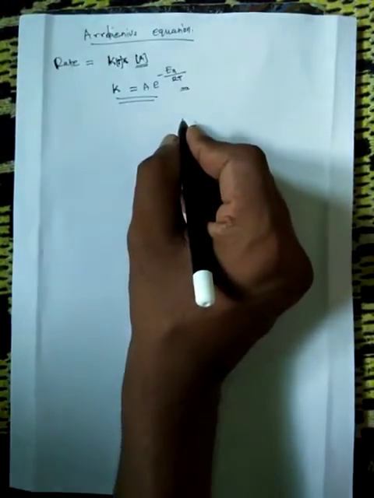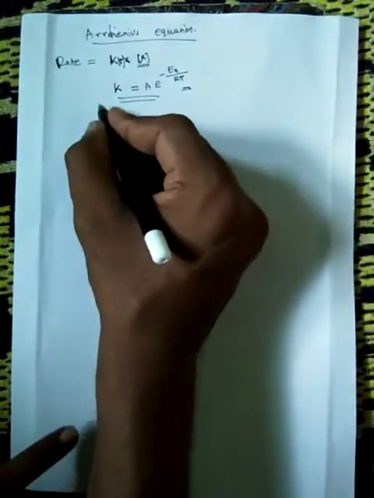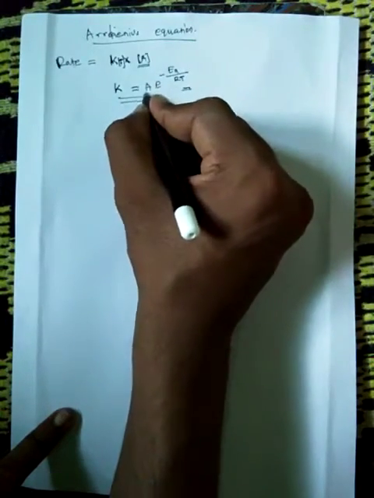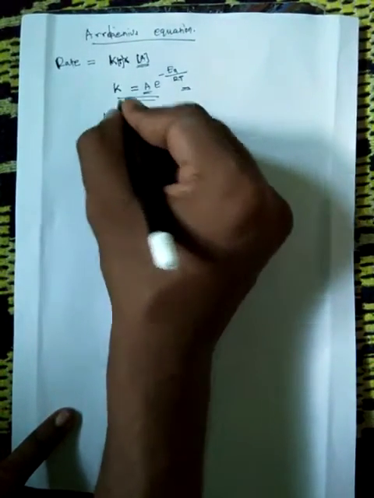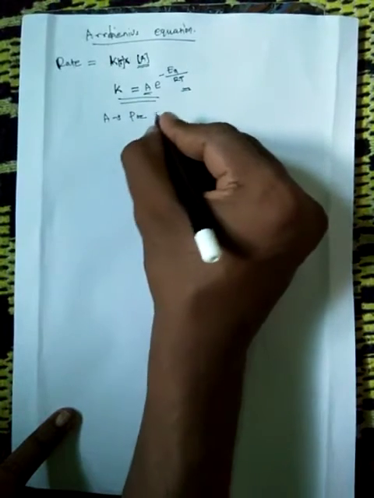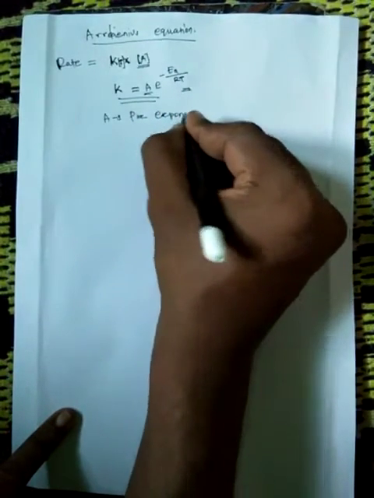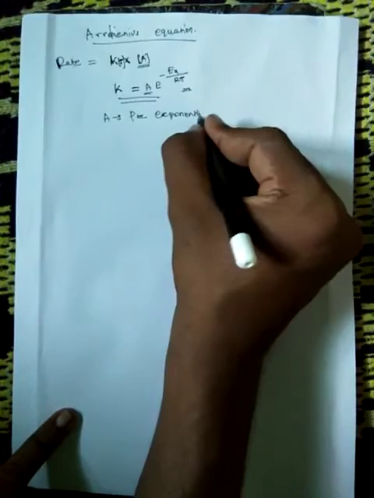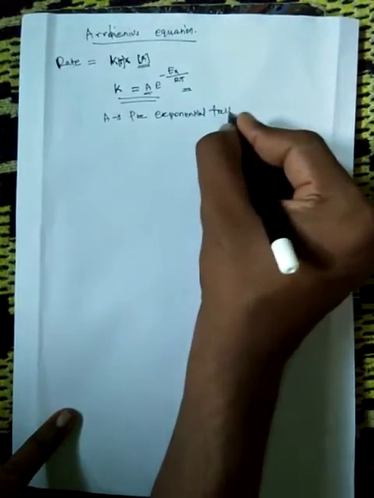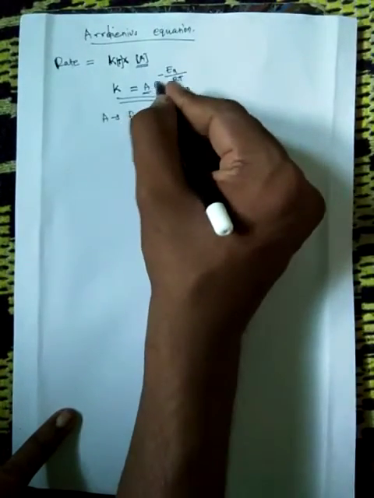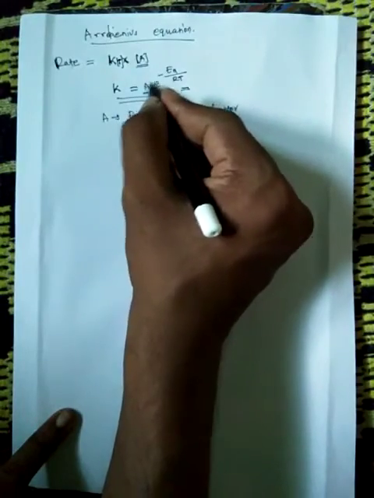Now you just take a logarithm. Here the term A is called a pre-exponential factor, because this is exponential, so this is the pre-exponential factor.